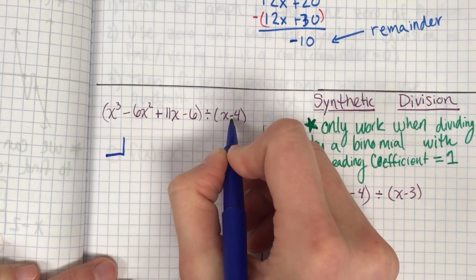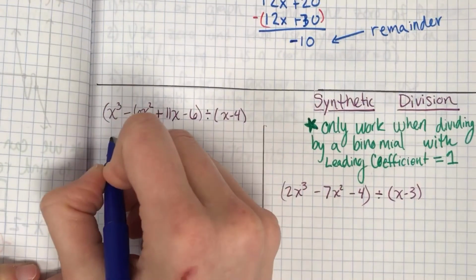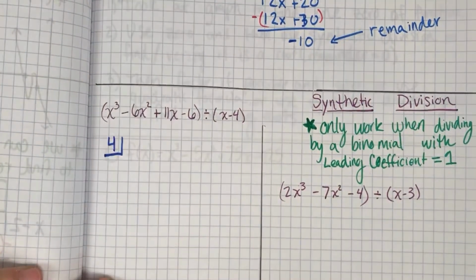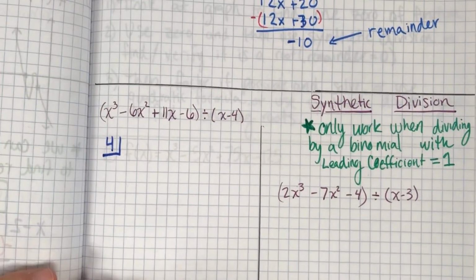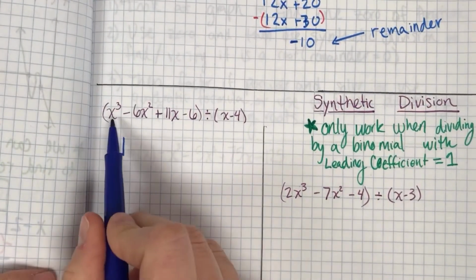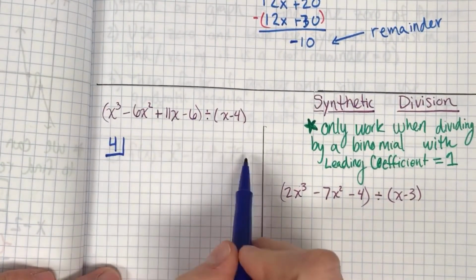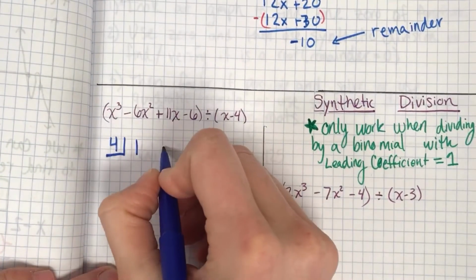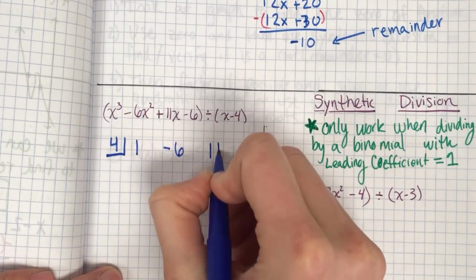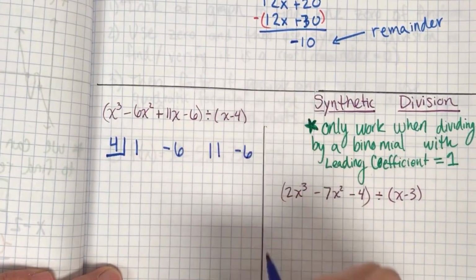So since we're dividing by an x minus 4, we're going to put a positive 4 inside that box. And then we will write all of our coefficients in order. So we've got 1, -6, 11, and -6.